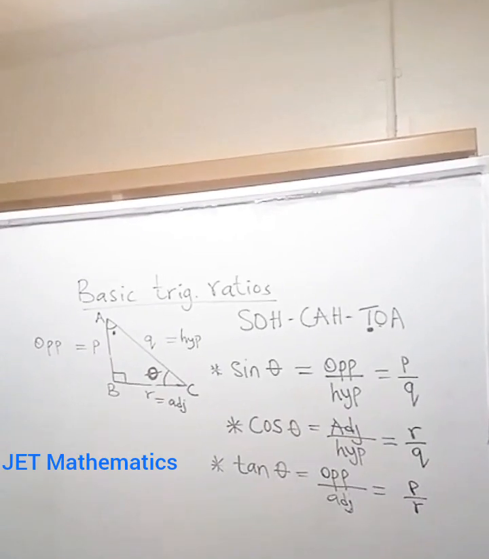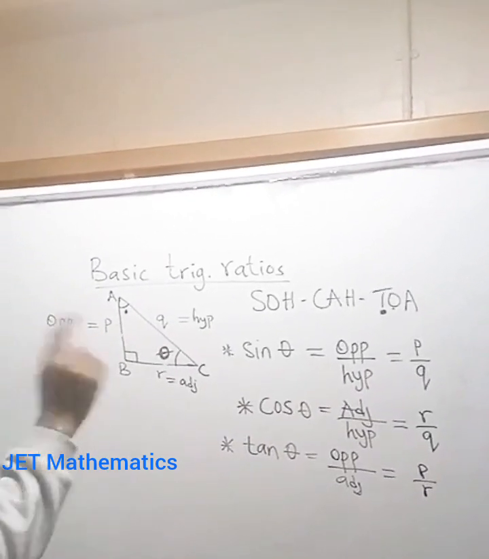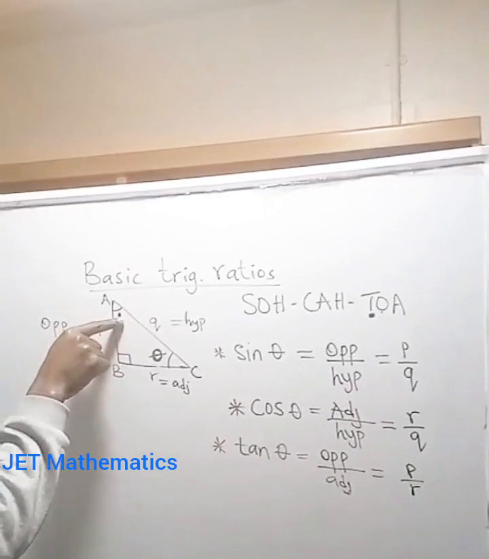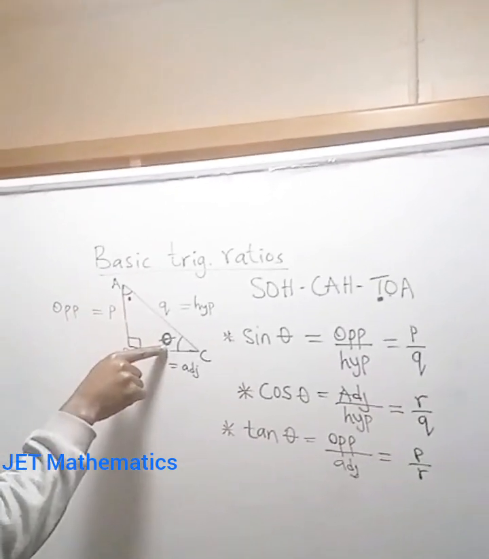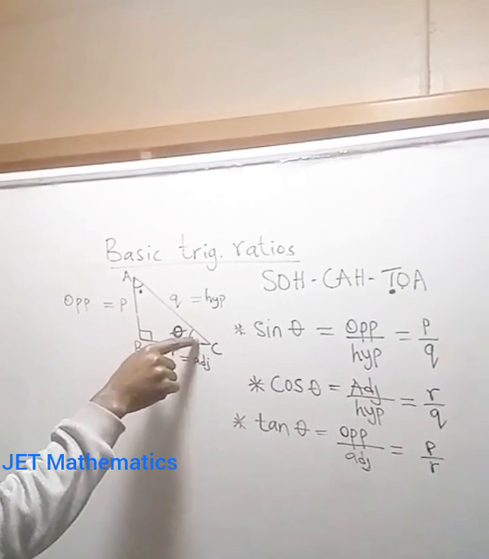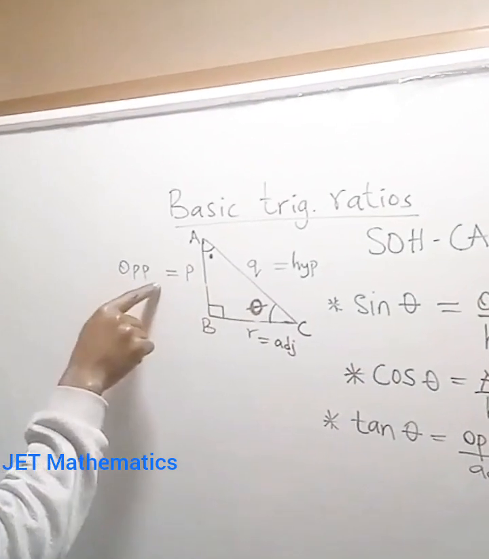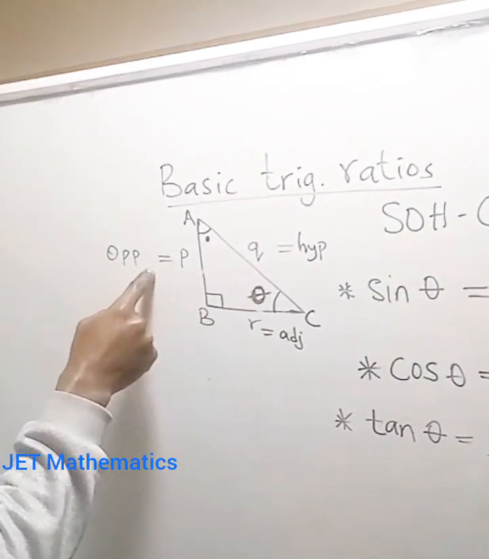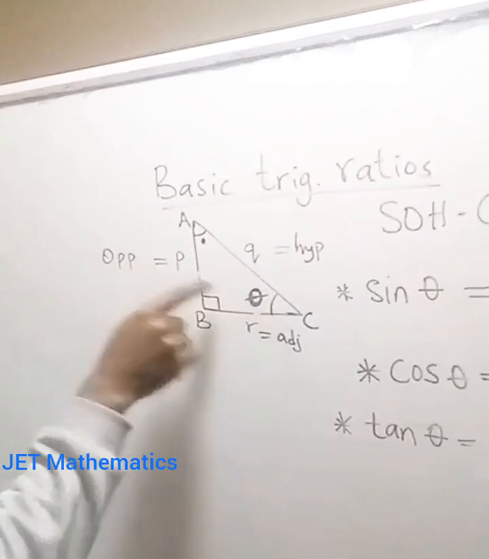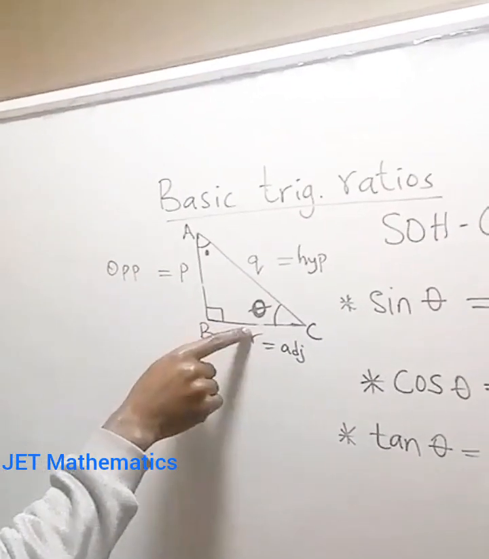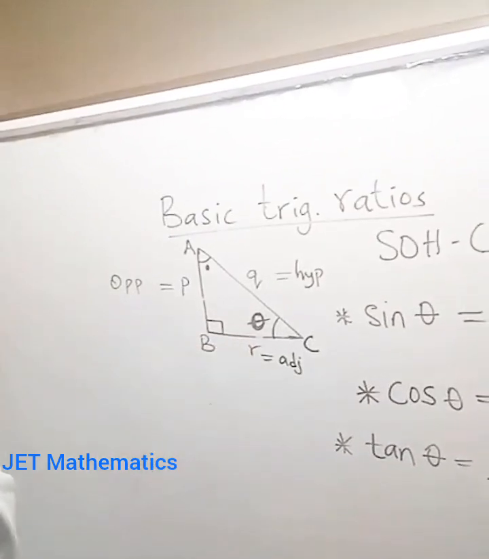I'll say that again. In this case we are looking at theta, this angle, and the side opposite this angle is called the opposite, while the other side will be called adjacent.